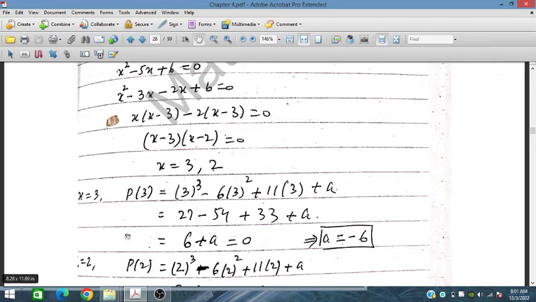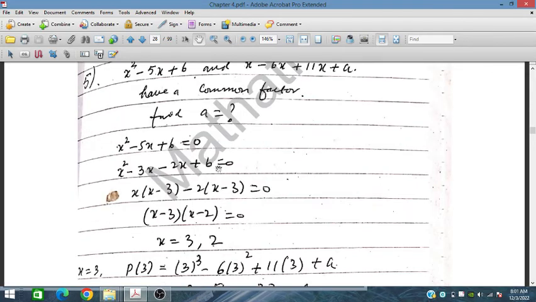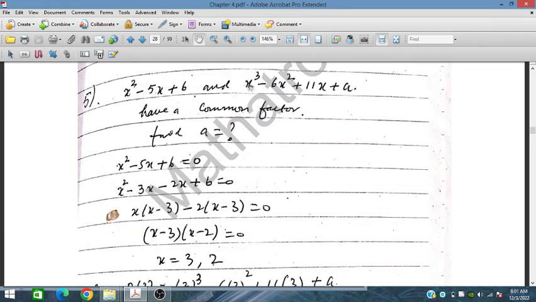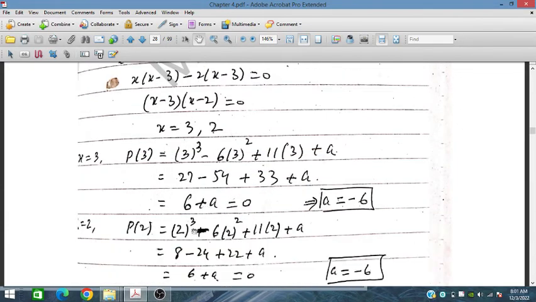Now x is equal to 2, by placing 2 everywhere: 2 cube minus 6 times 2 square plus 11 times 2, and then plus a.